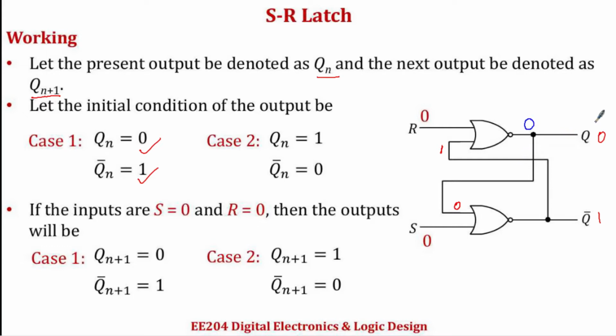So Qn plus 1 is 0. Now in this case 0 and 0 are fed into a NOR gate, so the output becomes 1. Okay, so that is evident here.